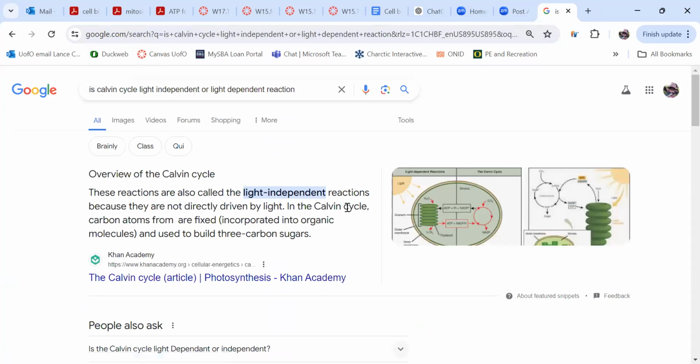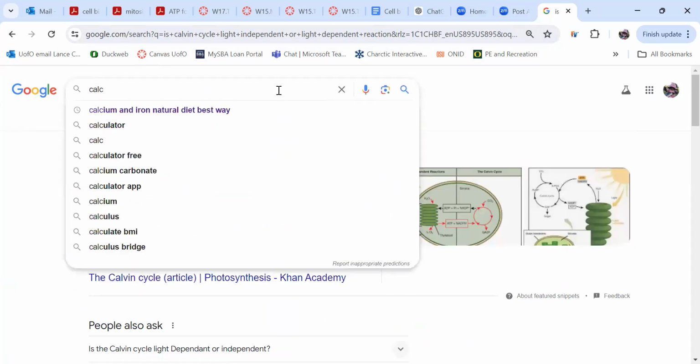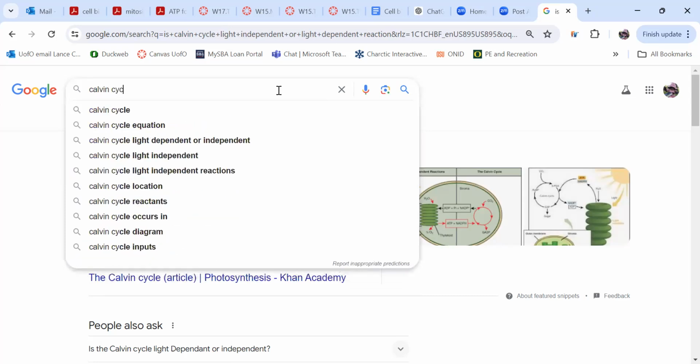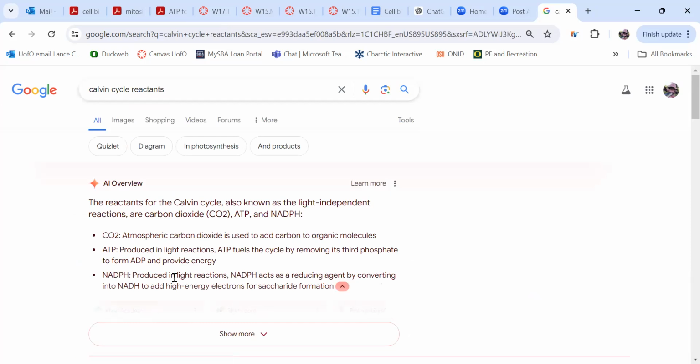Okay, so the Calvin cycle is the light independent reaction. And let's just go Calvin cycle reactants. We got CO2, ATP, and NADPH.